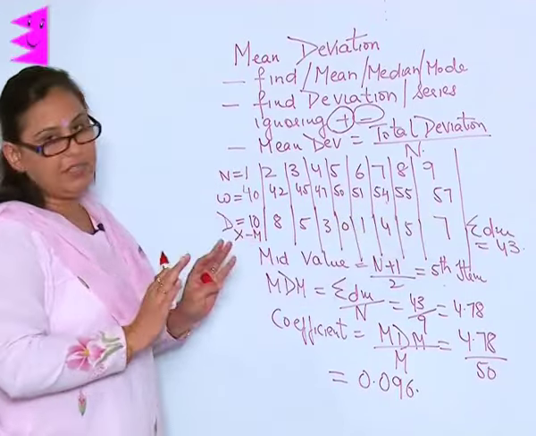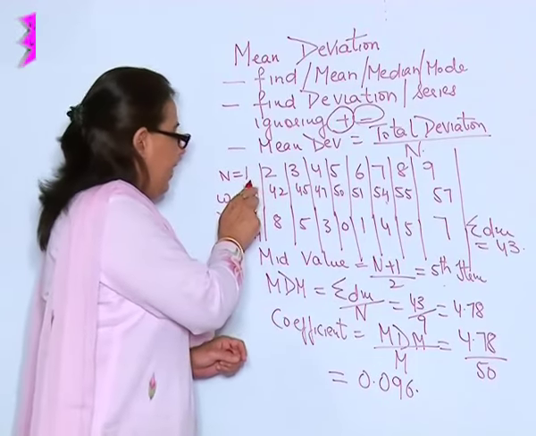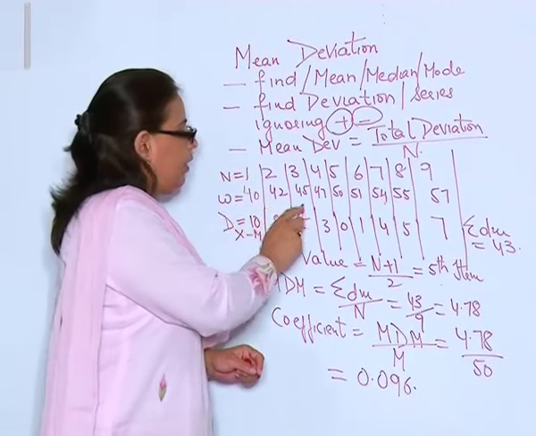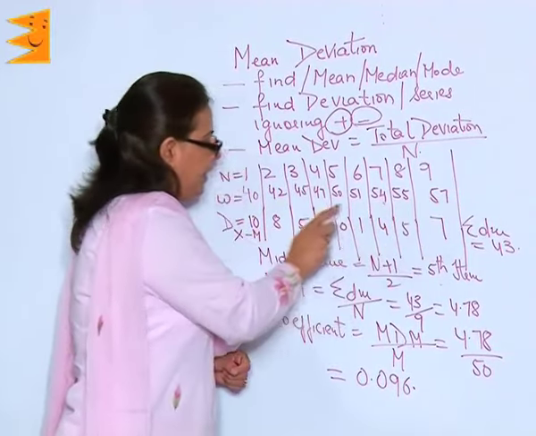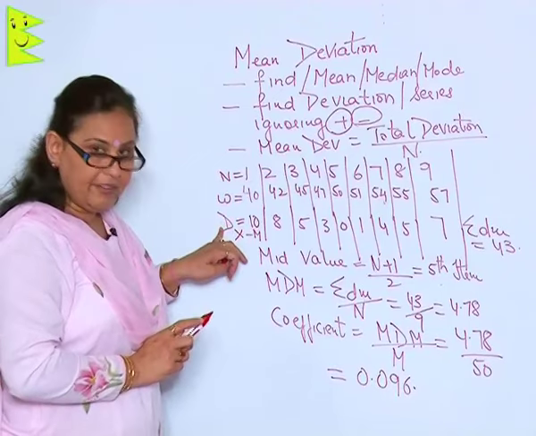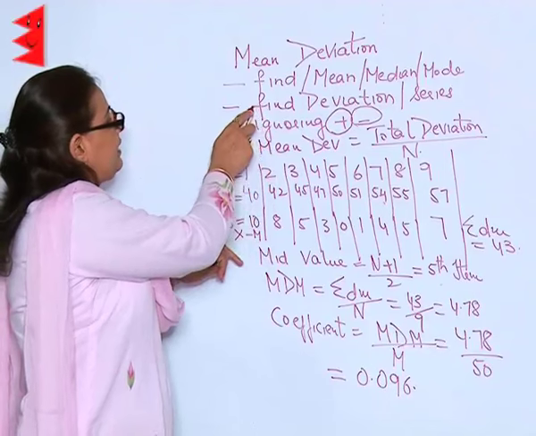This is the given series, with the number of workers n and the wages which they get. Now, what I have to find out is the deviation, as this is the second step.